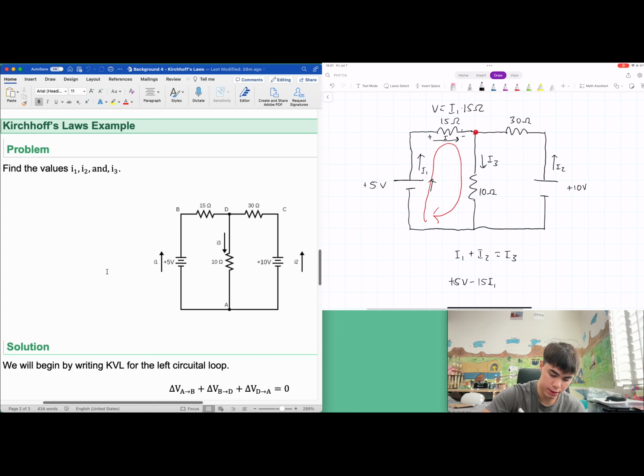And then down here, this current is I3, and we're again going from the high to the low voltage, so we're going to drop another 10 times I3 volts, and the total change is 0. Now we do the same loop for the other side.